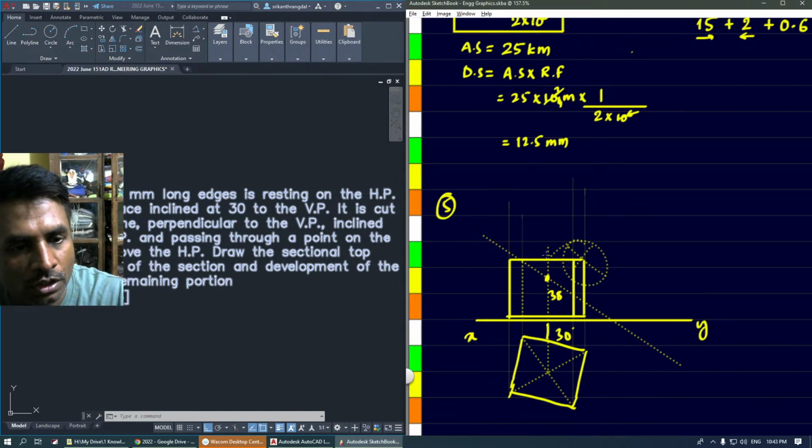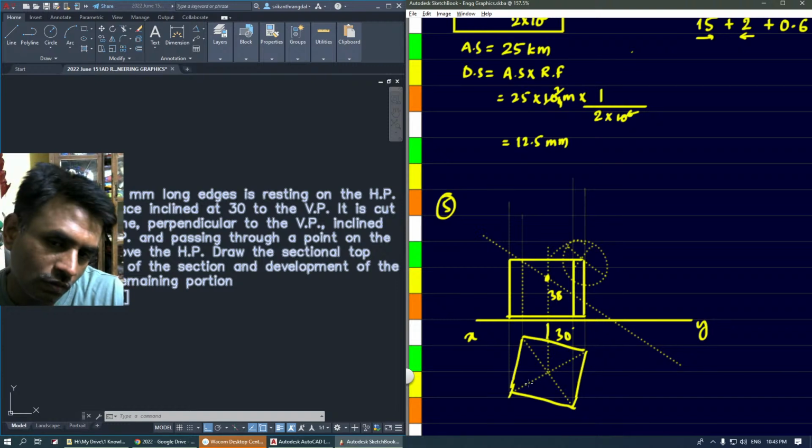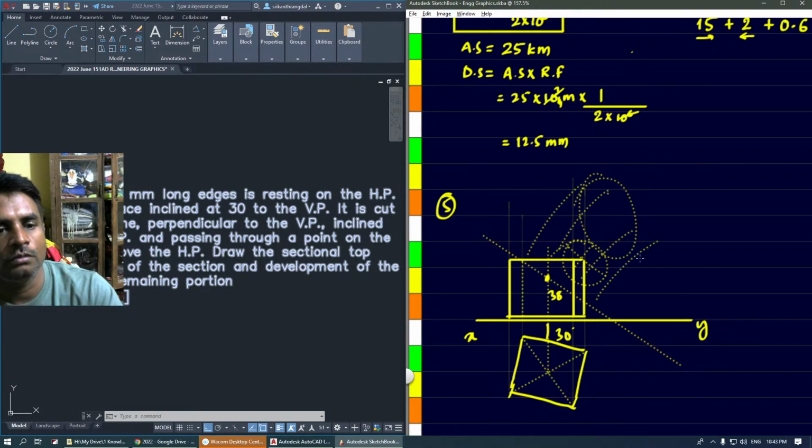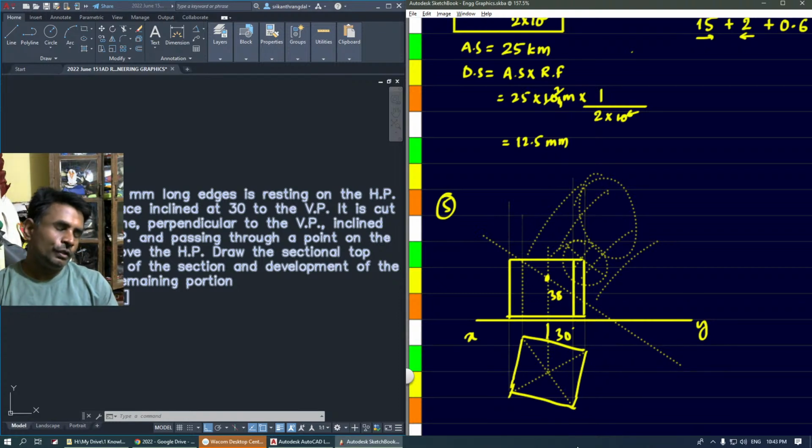Then we need to draw the sectional top view, the true shape of the section, and the development of the surface for the remaining portions. So the development as well, we need to draw for this.